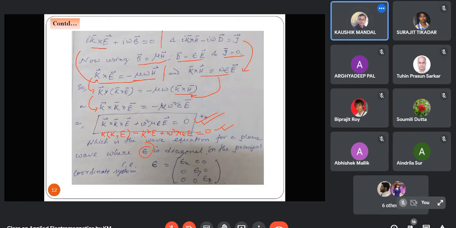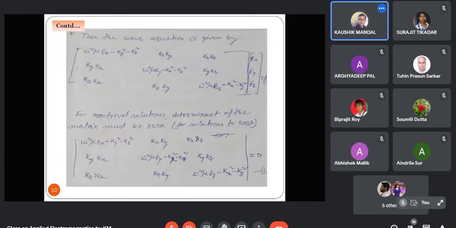Now, considering this last form of the wave equation in anisotropic materials, if you consider all the elements, you can write it in this matrix form: omega square mu epsilon x minus ky square minus kz square, kx ky, kx kz, and so on, multiplied by the electric field vector Ex, Ey, Ez, equal to 0. I am not going to prove this one; you can check it.